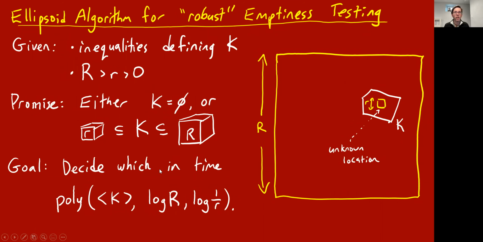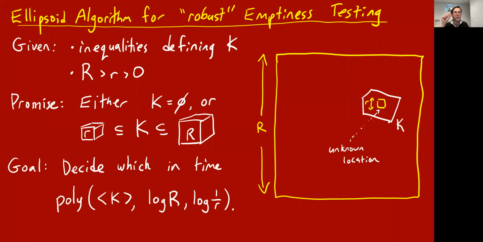Oh, there's a question that says, could you repeat exactly what angle brackets K means? That's a great question. I forgot this. This is notation from 2 lectures ago, so it's no wonder that's hard to remember. For these lectures, I'm writing angle brackets around a mathematical object to denote the number of bits needed to write it down. So if K is just a number, angle brackets K is basically the logarithm of that number.